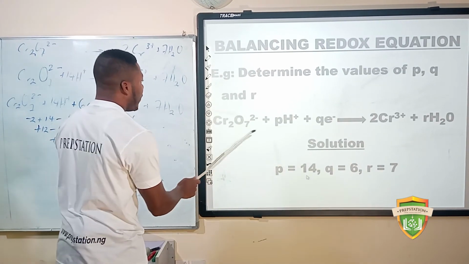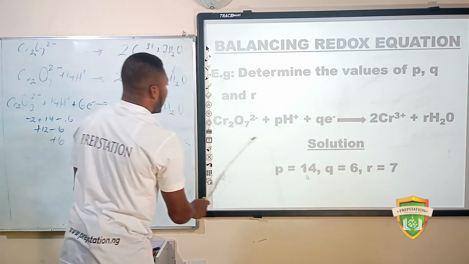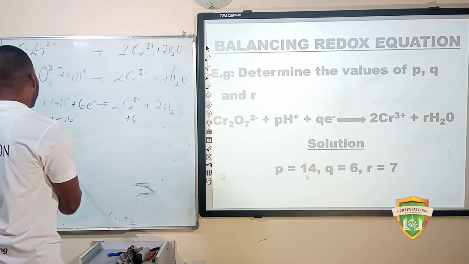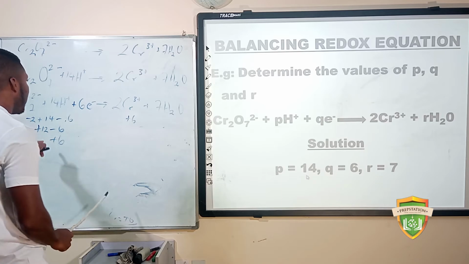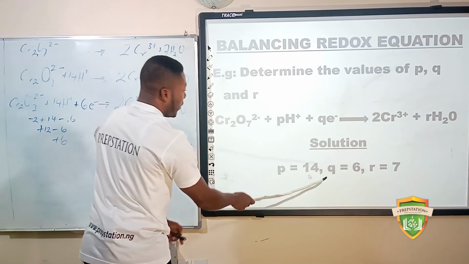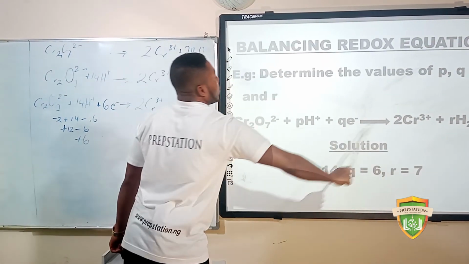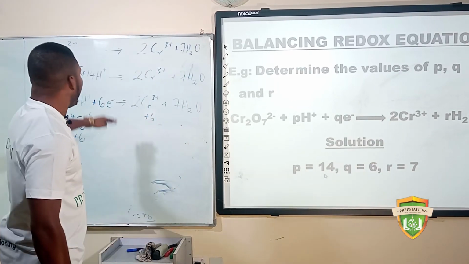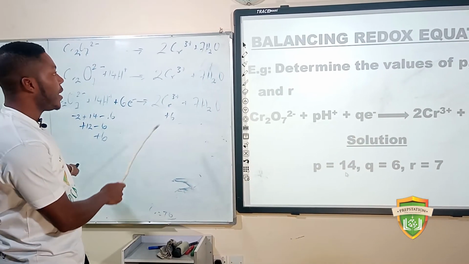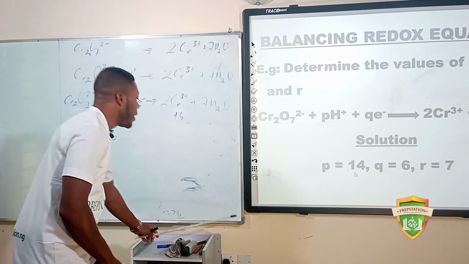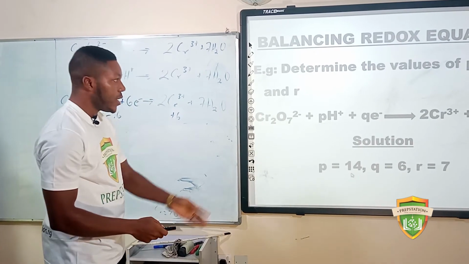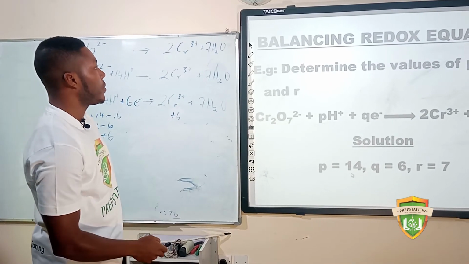And also we have 6 electrons. The total charge here is minus 2 plus 14 minus 6, which is equal to plus 6. So if we put 6 here now, we have balanced this redox equation. So this is a full version of balancing a redox equation. In case you see this kind of question, this is how to go about it.